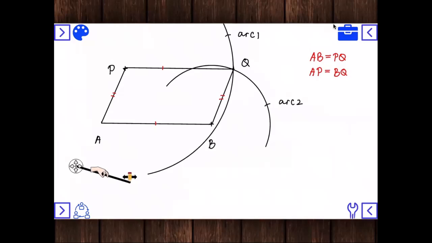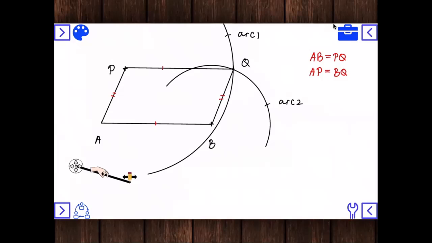So if we have a fourgon, which means a polygon with 4 sides. Okay, any polygon. If the polygon satisfies the following condition, then this polygon is a parallelogram.